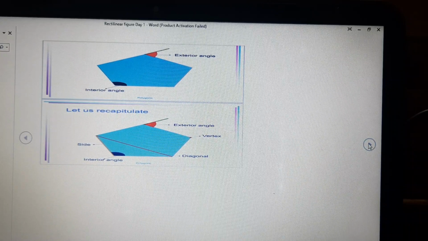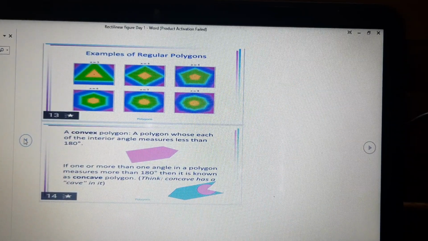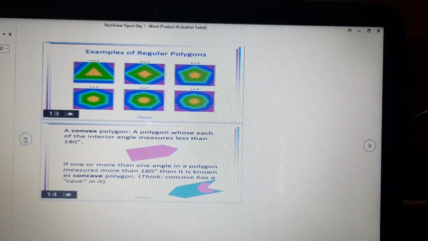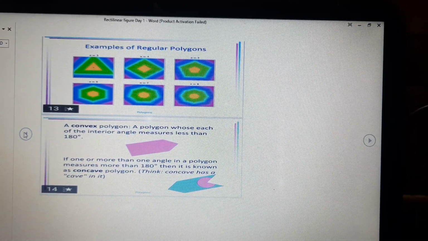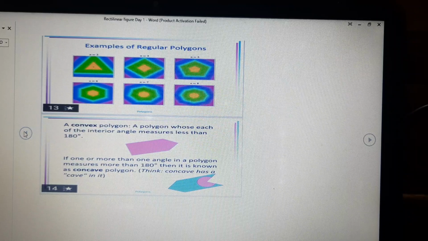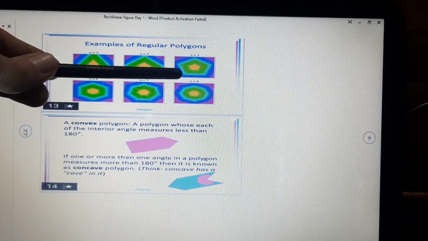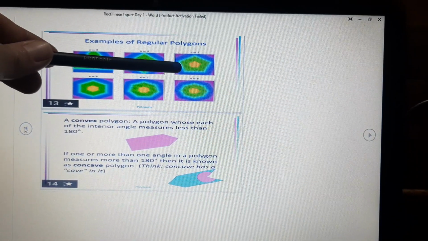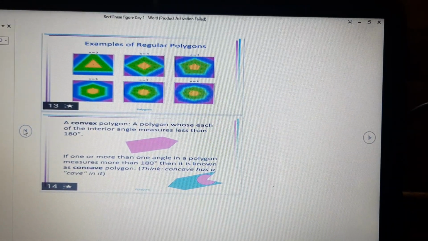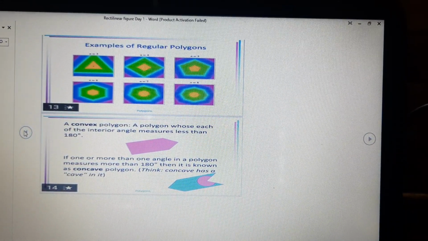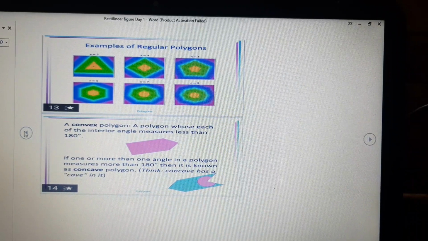And one more thing: if all n sides of a polygon are equal, it will have n interior angles also, and each interior angle will be the same. If we talk about a regular pentagon, we will have five interior angles in it, and as all five sides are equal, all five interior angles will also be equal.